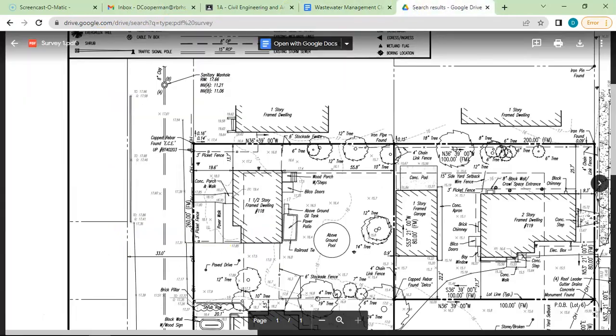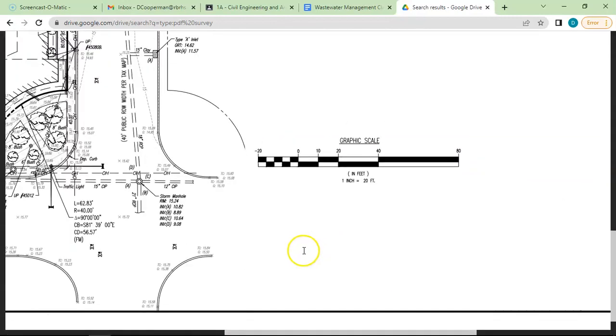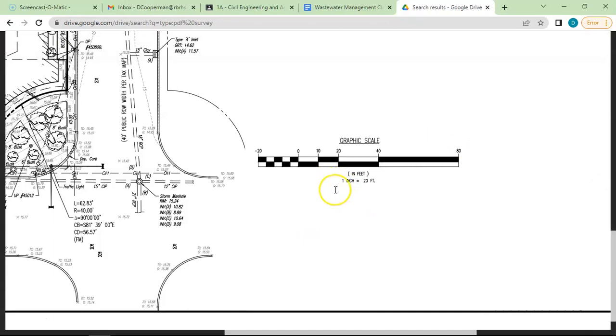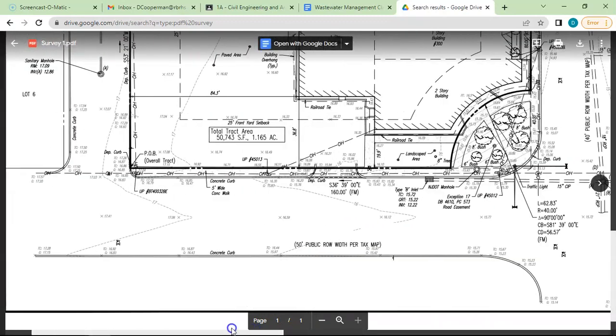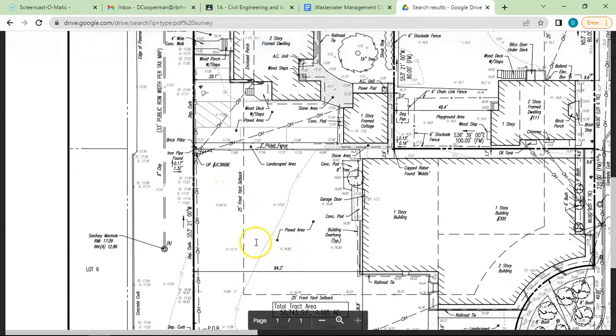The linear length of the pipe, what is that length right here? We'll have to go to the bottom right, or it doesn't always have to be there, and estimate based on this scale right here. So 1 inch equals 20 feet. So that is your unit for what is 20 feet. I'm just estimating right now.